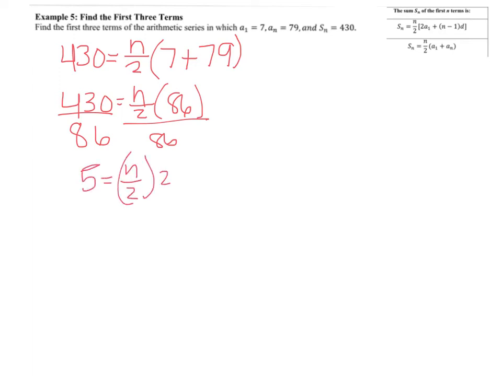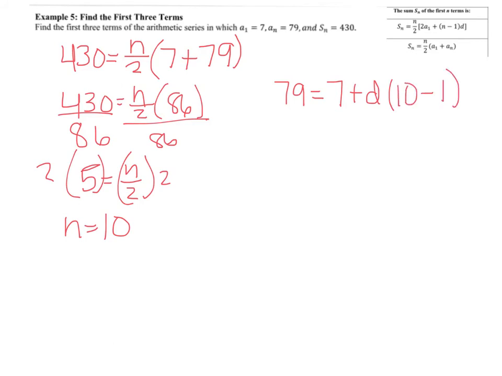I'm going to multiply both sides by 2. So n is equal to 10. Now that I know n, I can solve for d by going back to our formula. A sub n, which we know is 79, equals a sub 1, which is 7, plus d, we don't know d, times n minus 1.